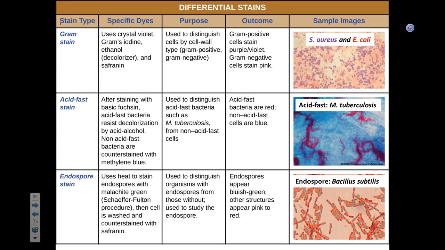Now, differential stains. These allow you to tell different microorganisms apart based on structures that they have, structure of the cell wall, and so on and so forth. First that should come to mind is Gram stain.